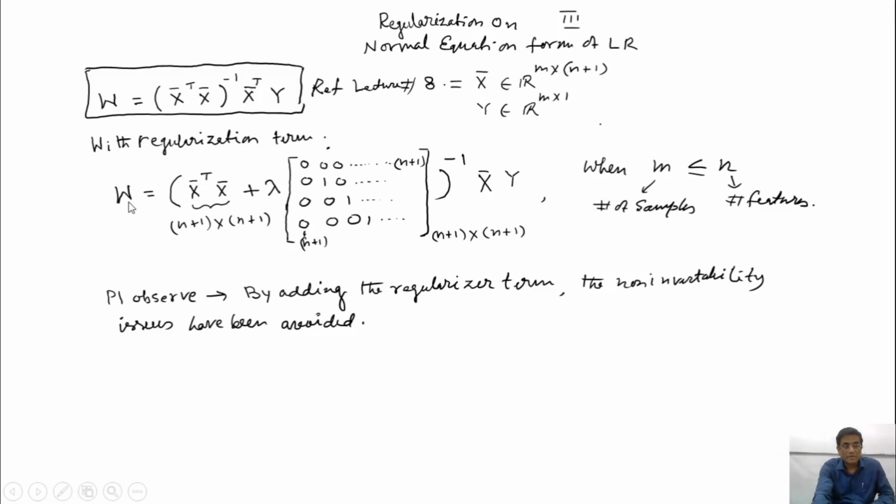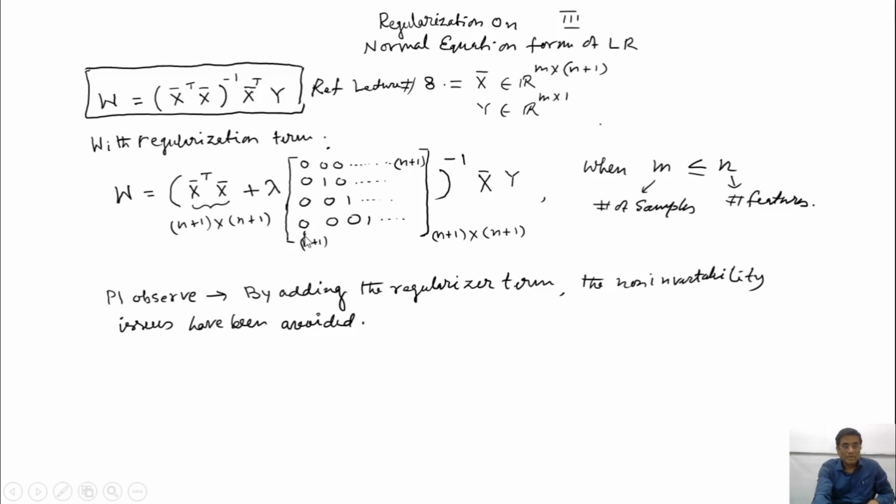Now, if here we add a regularizer term, this matrix has a dimension n plus 1 cross n plus 1, x bar has a dimension m cross n plus 1, and y has a dimension m cross 1.